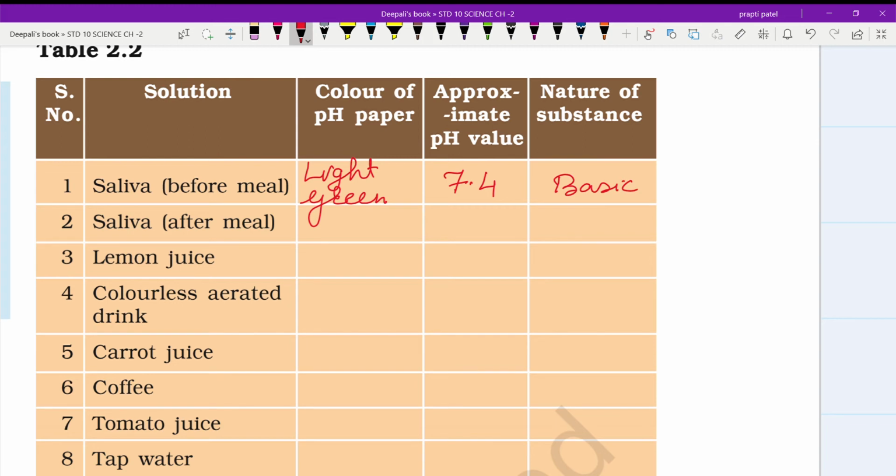If we see saliva after a meal, it gives a light yellow color to the pH solution, and its pH is 5.8 and it is acidic in nature.